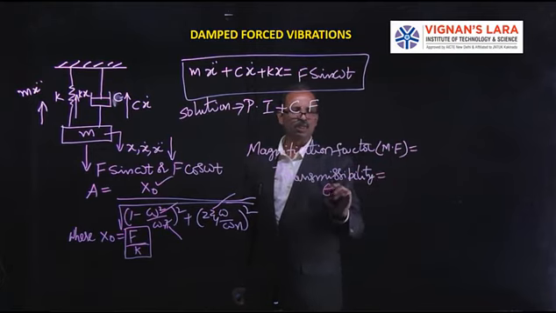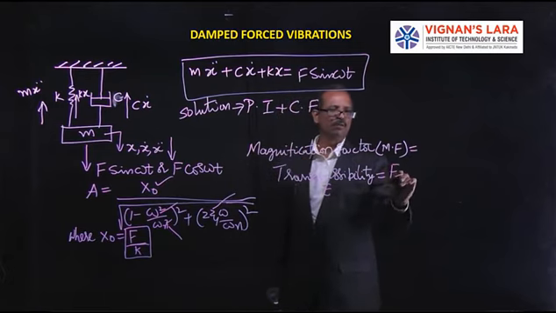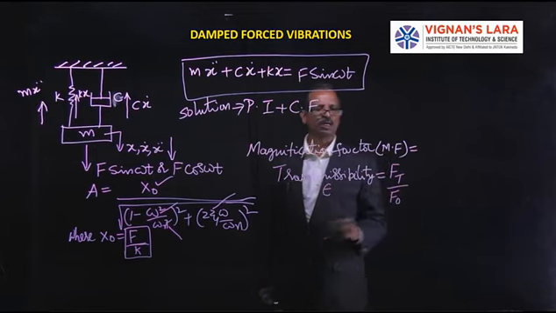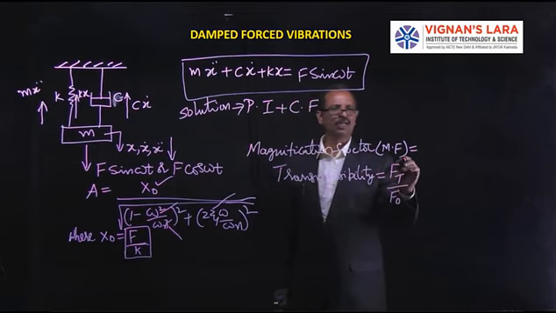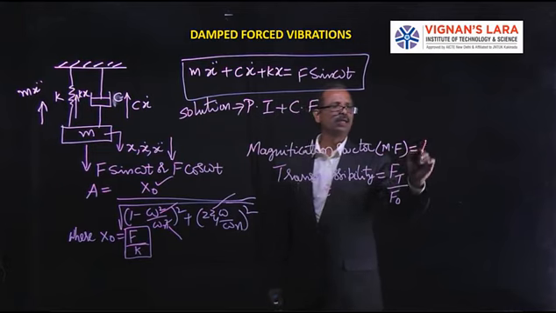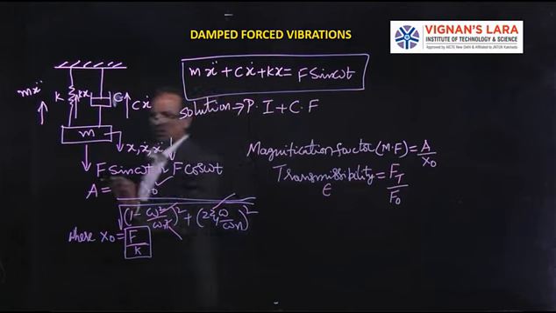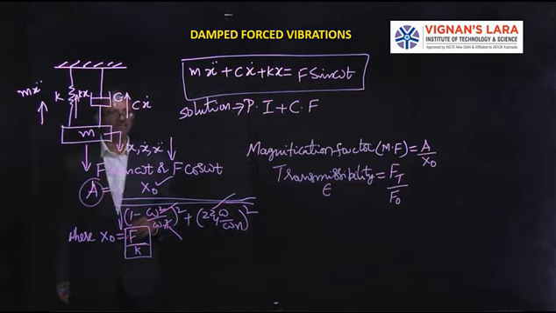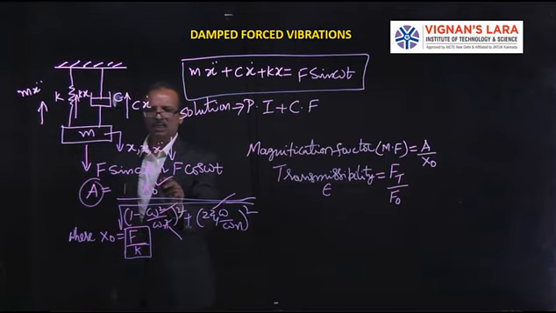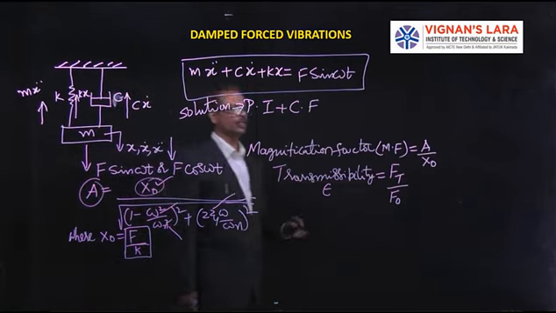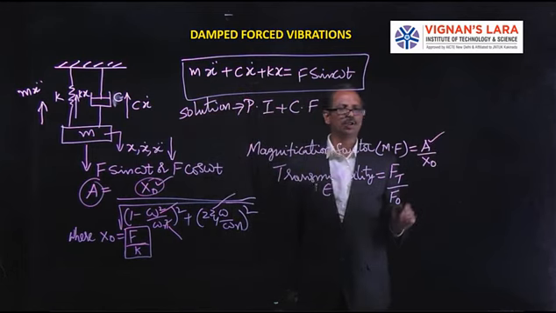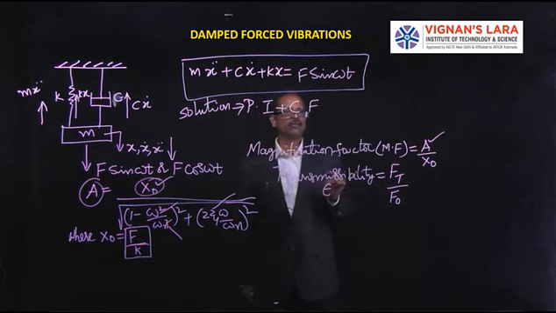The transmissibility is represented by epsilon, which is nothing but Ft by F naught, force transmitted by force applied, and the magnification factor is nothing but A by X naught. That is the amplitude of the vibration under the dynamic state, and X naught is the static displacement. The magnification factor is the ratio of the vibrating body amplitude to its static deflection.